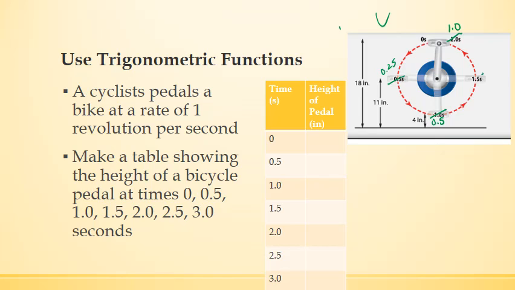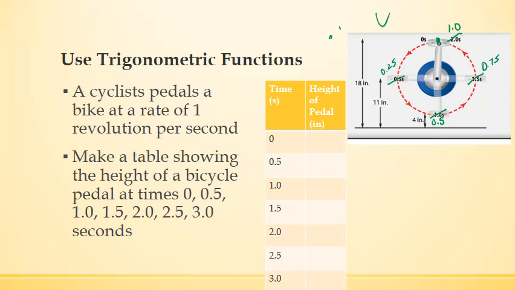And then at 3/4, or 0.75, it's back to 11 inches off the ground. And at the end of 1 second, it's back up here, which is 18 inches off the ground. The pedal is now 18 inches off the ground. And this cyclist is pedaling this bike where the pedals are rotating at a period of 1 second.